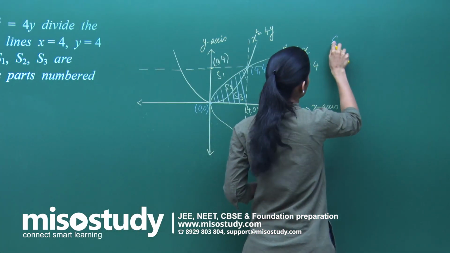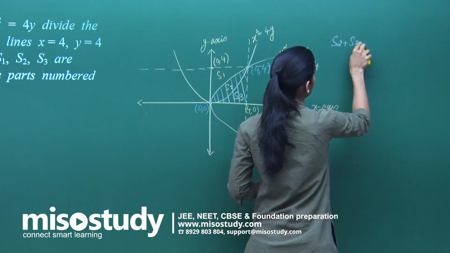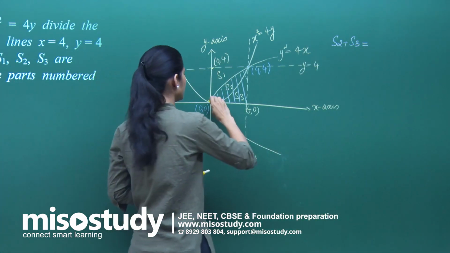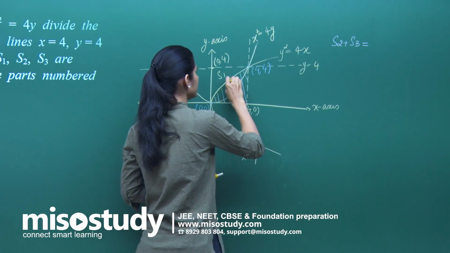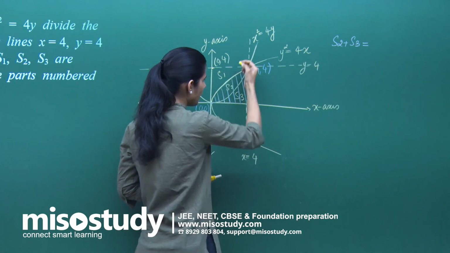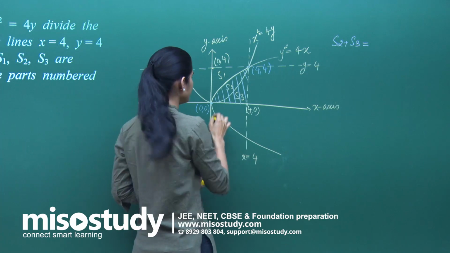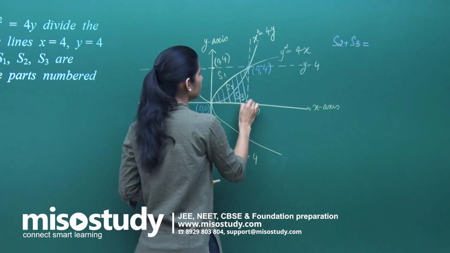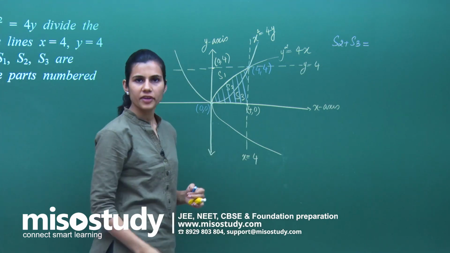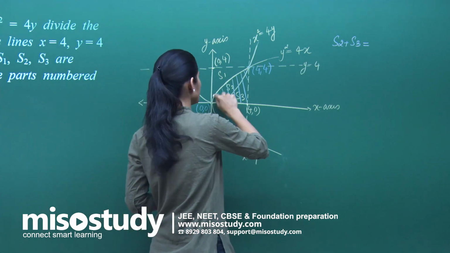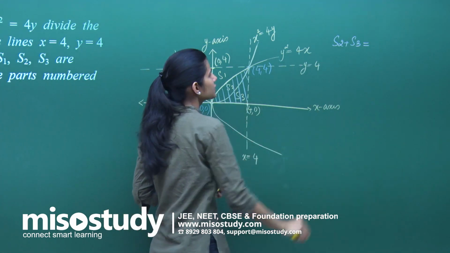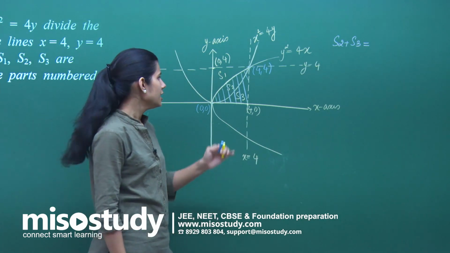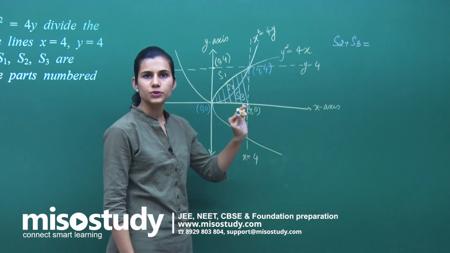So if I focus upon evaluating S2 plus S3, what do you think will this be? The curve involved is this one. Below it I wish to compute the area, and I have 0 to 4 as the value of x involved. So this is which curve? y square equals 4x, so y is root over 4x, of course positive square root of 4x, because all of this curve is lying in the first quadrant.